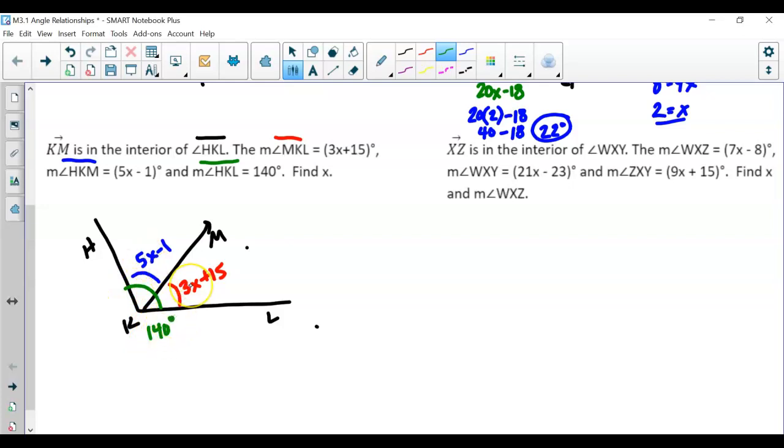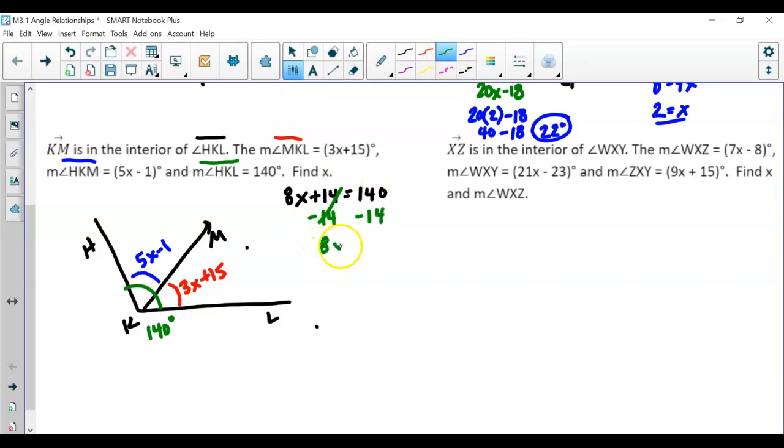Now angle addition postulate, right? We add these together to equal 140 degrees. So combining like terms, 5x plus 3x is 8x, and 15 minus 1 is 14, which is equal to 140. Now we're just solving for x. Subtract 14 from both sides.